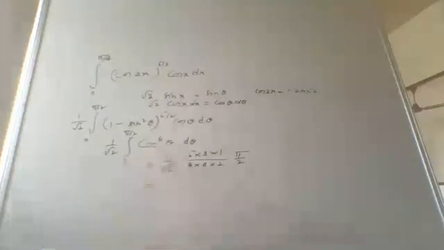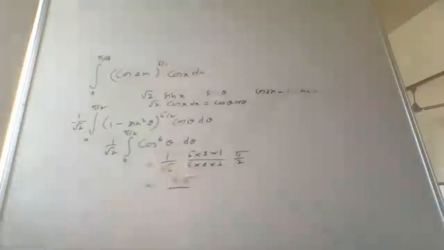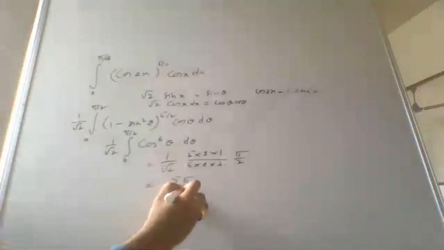Further, the result is 5 pi by 32 root 2. This will be the solution for this.